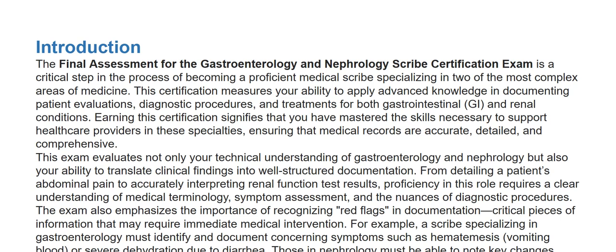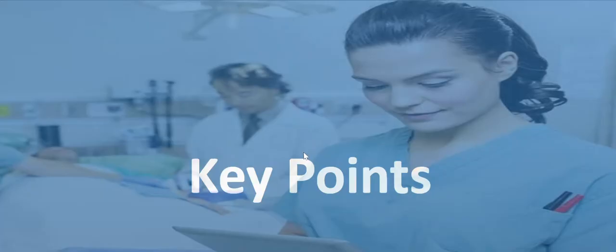Those in nephrology must be able to note key changes such as a rapid decline in GFR, glomerular filtration rate, or signs of electrolyte imbalance. By focusing on these details, certified scribes become indispensable in supporting timely and accurate clinical decision making.